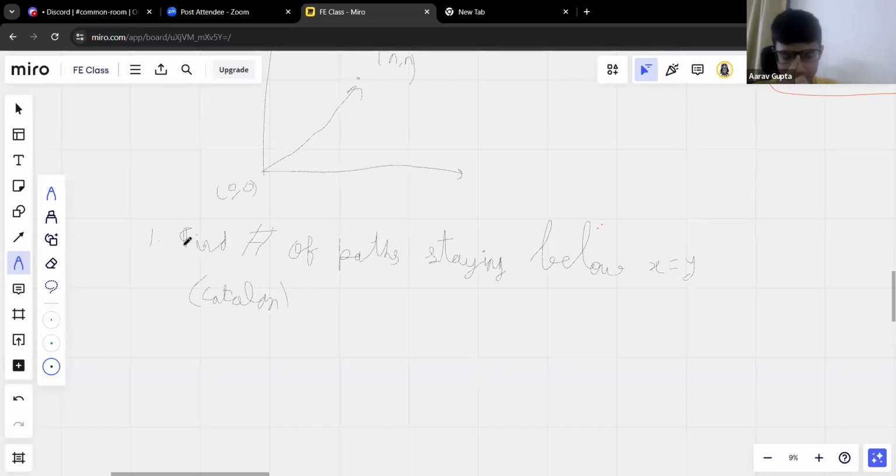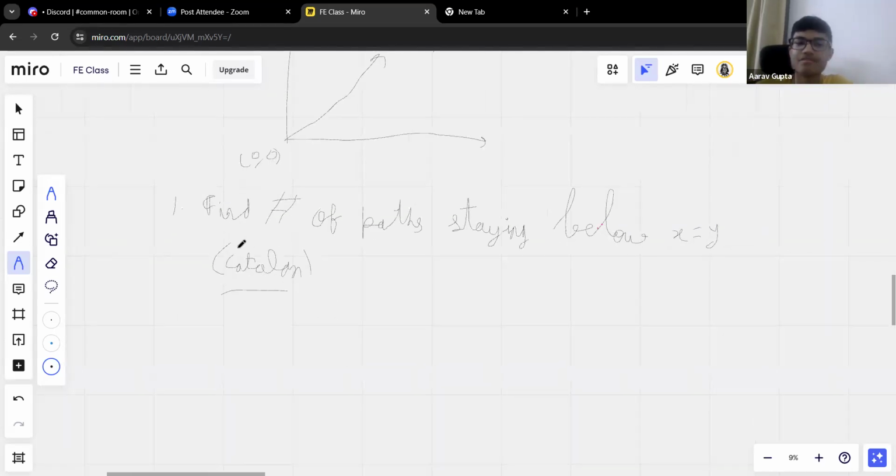I'd suggest you try to find the proof by yourself, but that would be very hard to do. So if you get stuck, then you can just Google Catalan numbers and find the proof on Wikipedia or something. And once you're done with this, then you can try this problem.